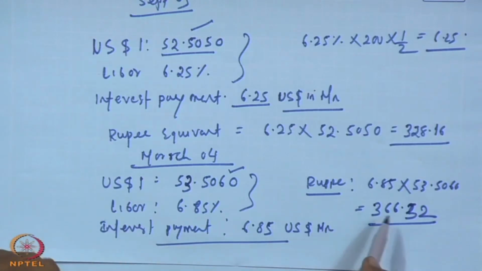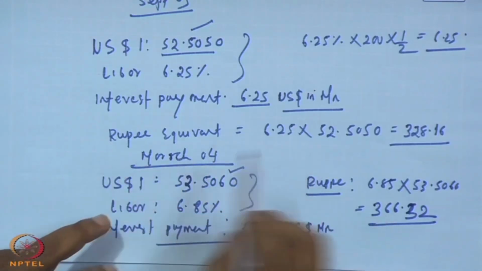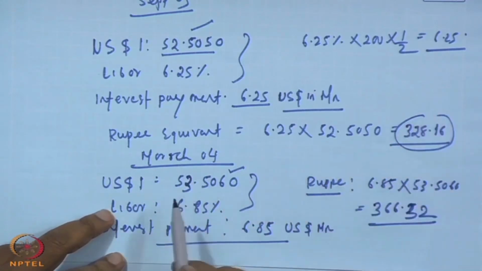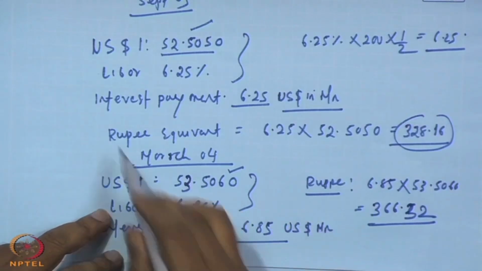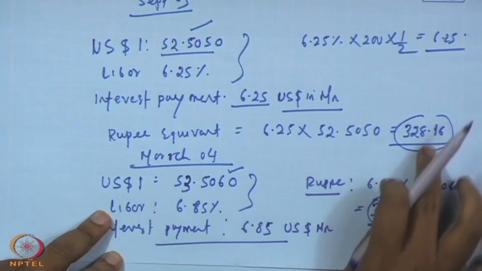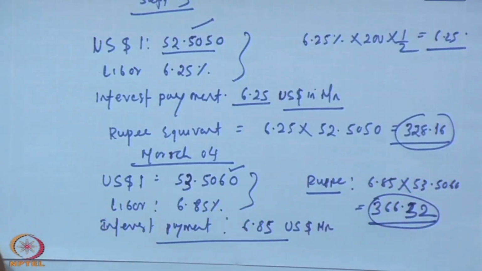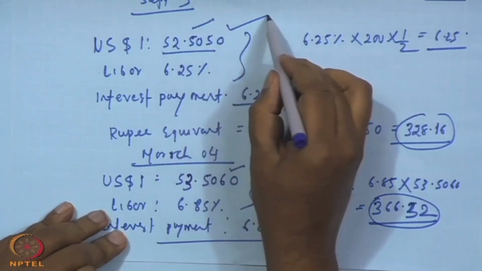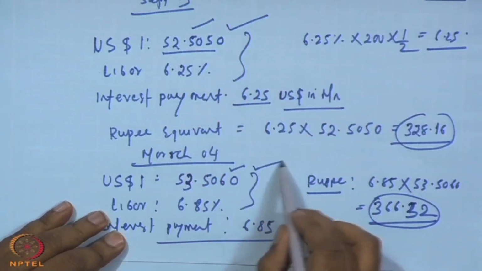Now you see, 6 months before it was 328.16 millions of rupee. Now, 6 months after, it becomes 366.52. There is transaction risk, so the Indian company needs to pay more. Why is it paying more? The principal amount remains constant at 200 million. He is paying more because the rupee has depreciated from 52.5050 to 53.5060.